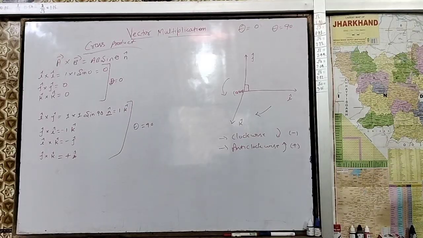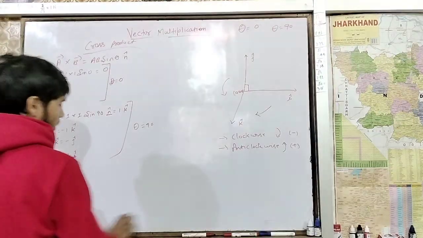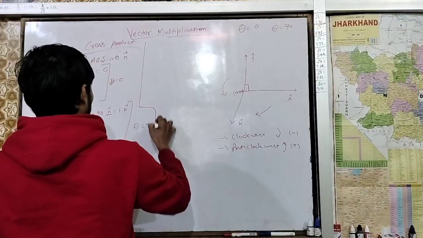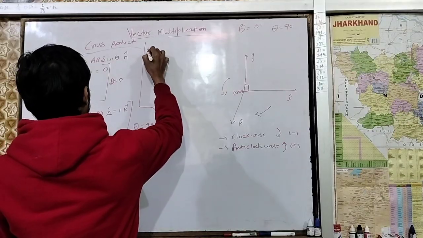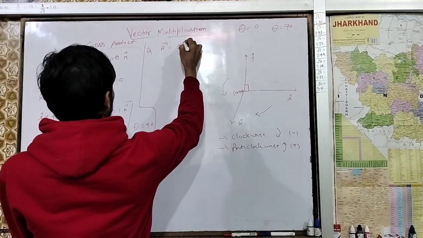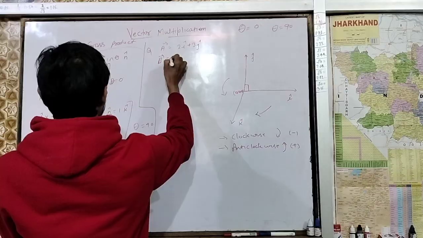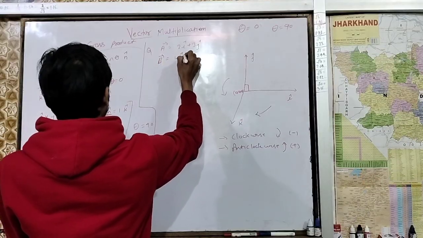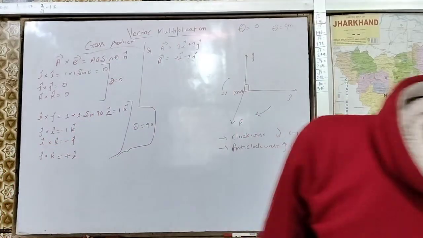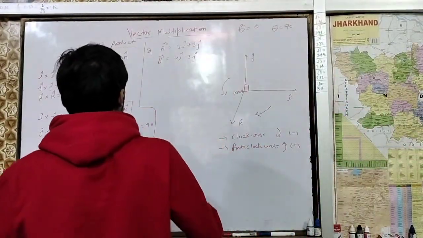Now let me take a question. This first question: vector A is 2I cap plus 3j cap. Vector B is equal to 4I cap minus 3j cap. Now let's solve this using the vector product, the cross product.